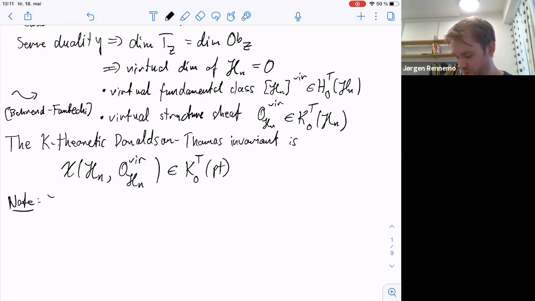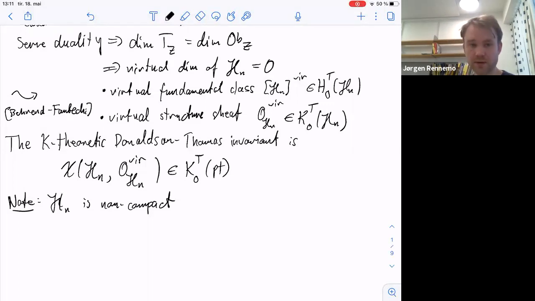A key point here is that the Hilbert scheme of points is non-compact. So if you're trying to define the Euler characteristic just by taking alternating sums of cohomologies, you would get something a priori infinite dimensional and not well defined.